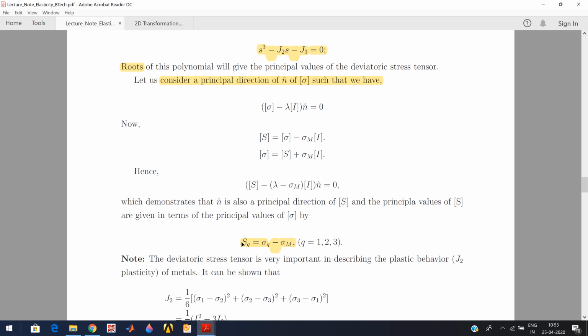So they are related using this. If we know the eigenvalues of the original stress matrix, sigma 1, sigma 2, sigma 3, then we don't have to calculate the eigenvalues of this matrix.